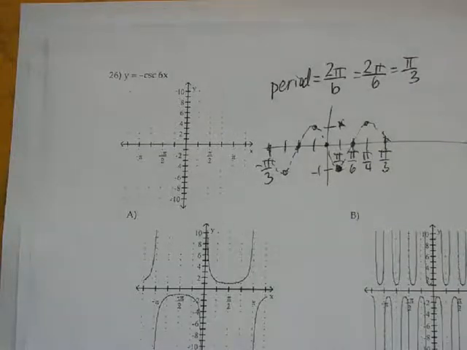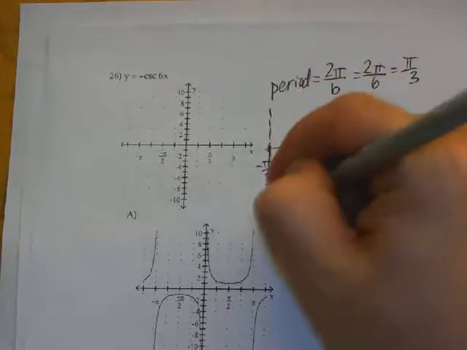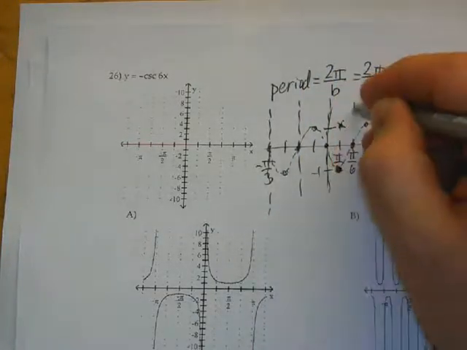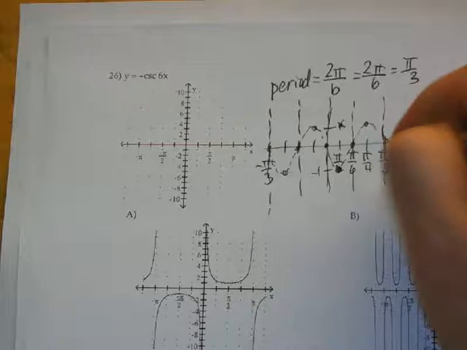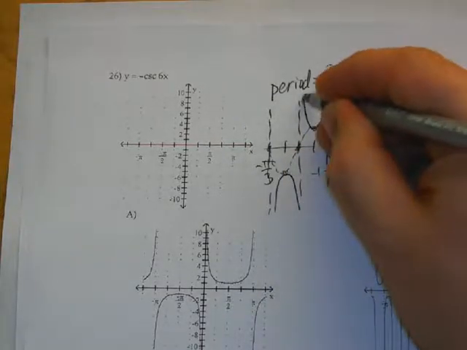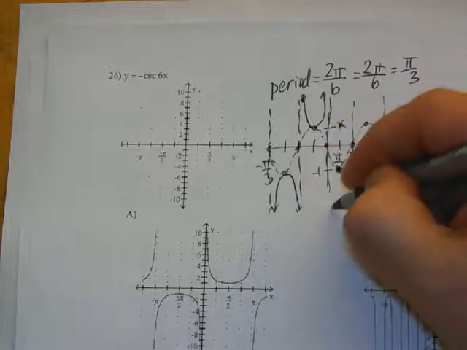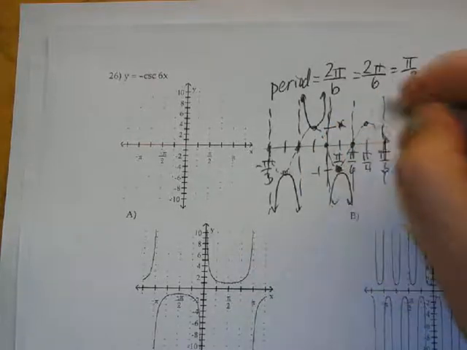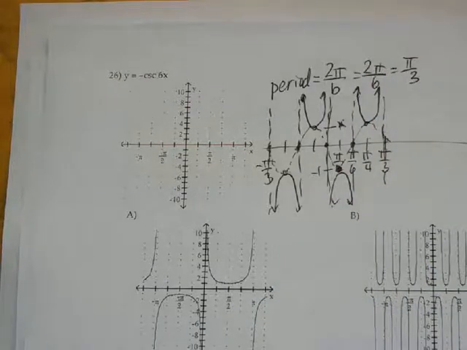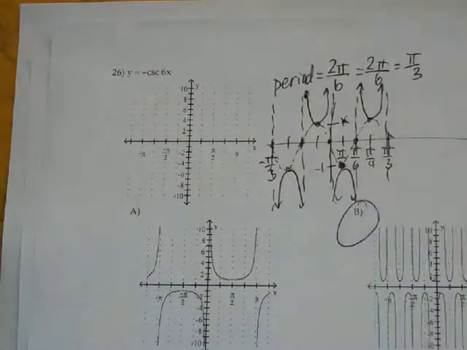Then we'll go ahead and draw the asymptotes in when sine is equal to 0. And then we draw the curves. And that happens to match B.